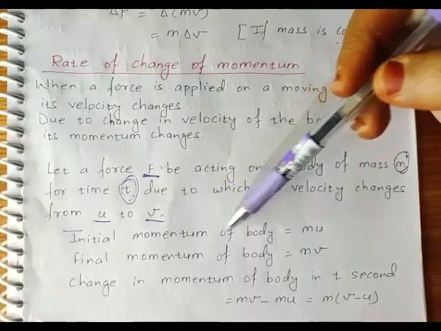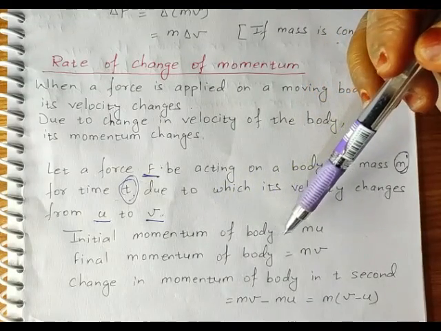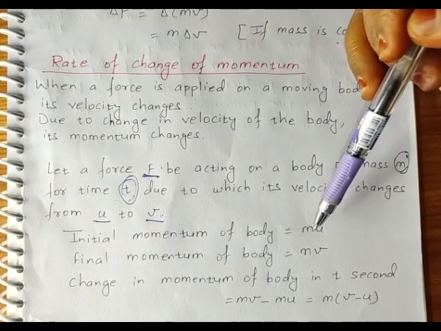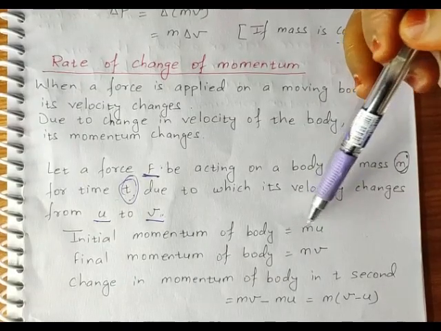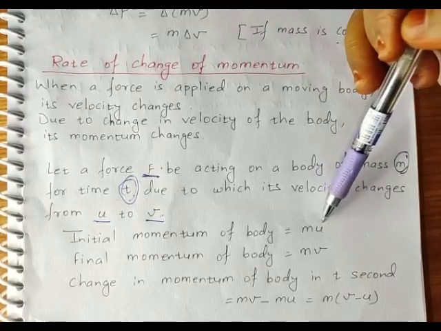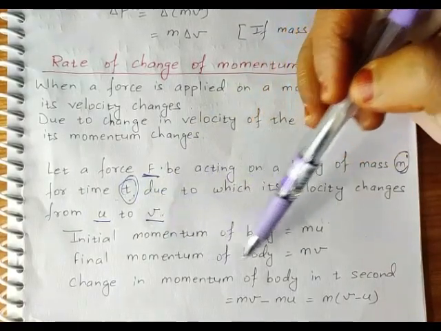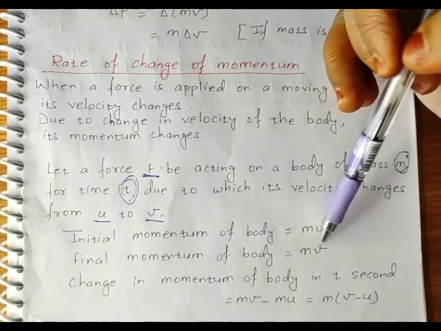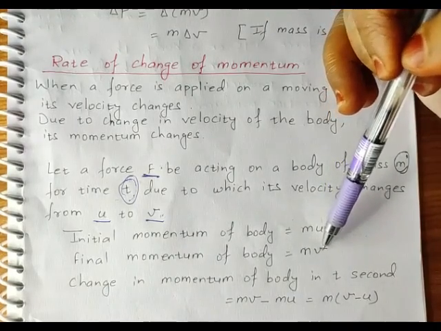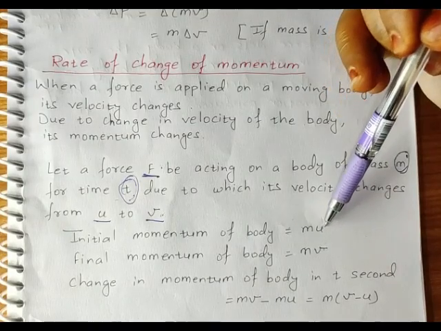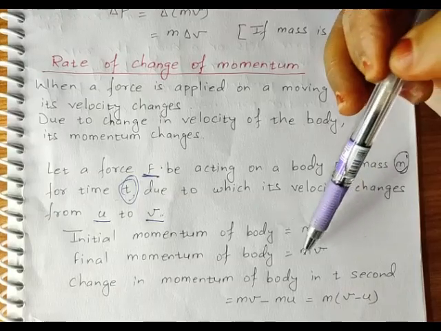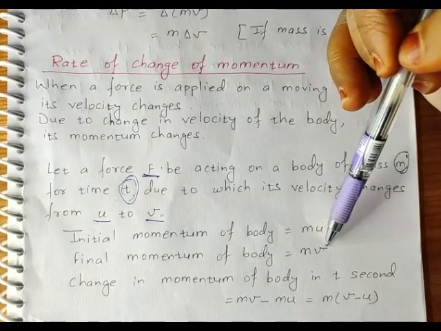So what is the initial momentum of the body? Initially the momentum of the body is mass into velocity, m into initial velocity, mu. Final momentum of the body, mass into velocity, m into v. V is the final velocity, u is the initial velocity. Mu is the initial momentum, mv is the final momentum.